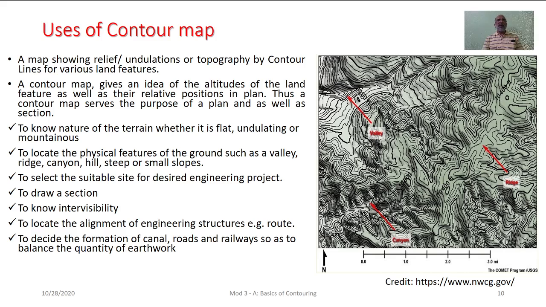Now, I hope we have created enough background for the contour, its definition, contouring process, contour interval, horizontal equivalent, and how the features can be read. Lots of features could be included in the map. For example, here you have one map. The way we considered the V-shaped nature of the contour, the outermost contour has the lowest value and the innermost contour has the highest value.